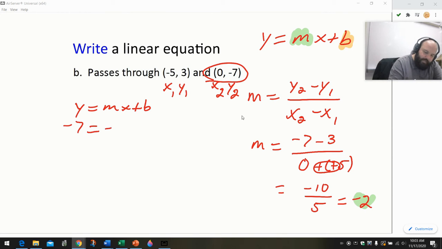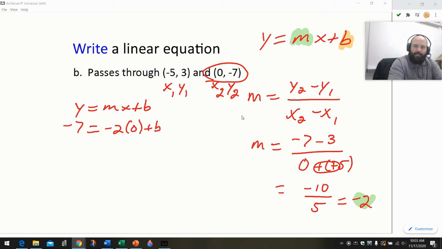I'm going to fill in -2 for m, which is what we found. It's highlighted in green. I'm going to fill in 0 for x, and then I'm going to leave b alone because we don't know what b is yet.